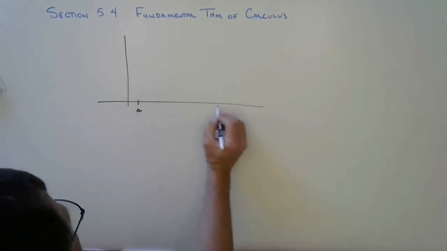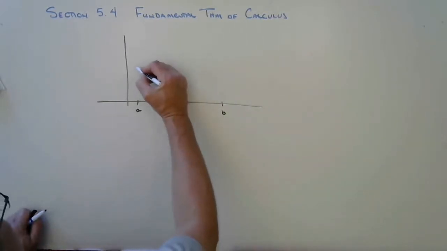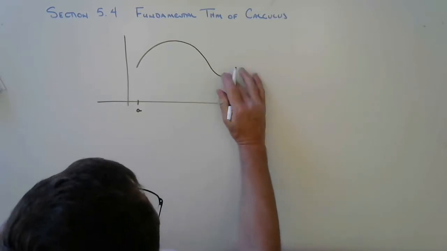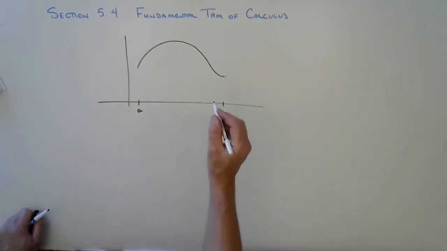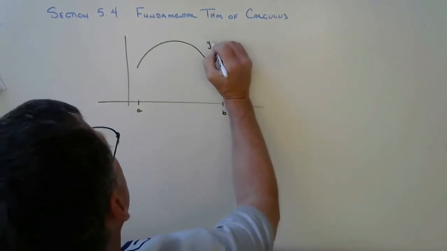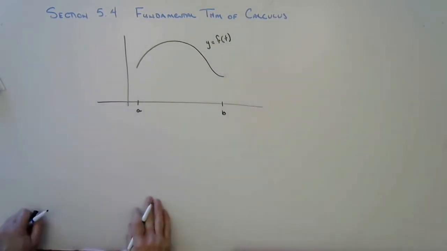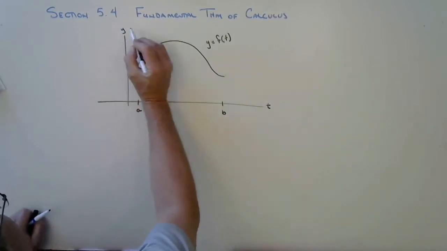We're going to call this A. We're going to call this B. And we're going to draw a continuous function from A to B. So we have a function that's continuous. So this is going to be y equals, and we're going to call this f of t. Y equals f of t. So our independent variable is t. Our dependent variable is y.